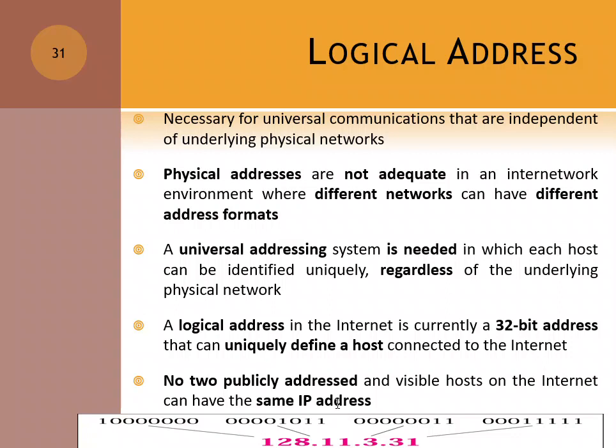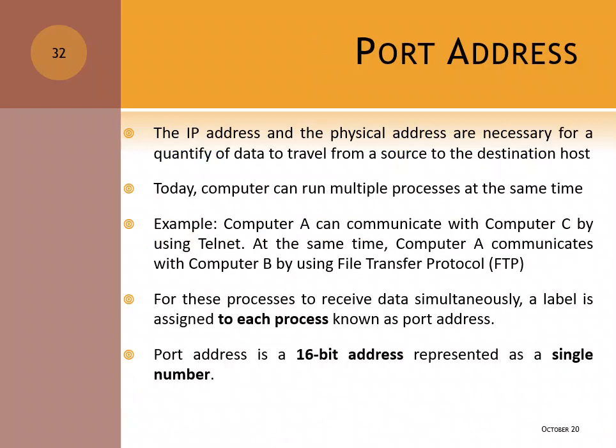Melainkan satu dah disconnect, satu lagi boleh ambil IP address yang sudah pun disconnected daripada device yang sebelumnya. Okay, dan bentuk dia untuk IP address ni kita ada 32 bit or can be written in decimal as this, separated by dot.